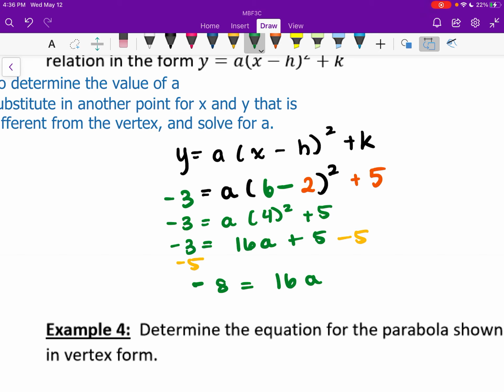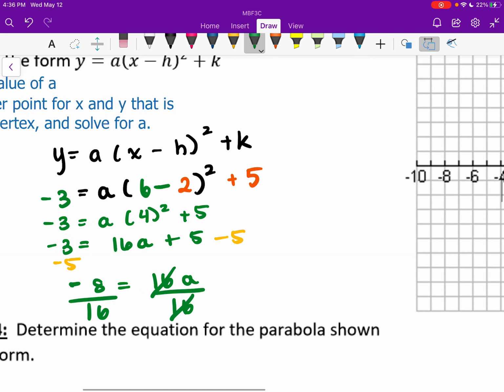And I want to get rid of that 16 in front of the a now, so I'm going to divide both sides by 16. So I'm left with -8 over 16, and then I can just simplify that. I know that's going to be -1 over 2 is equal to a.